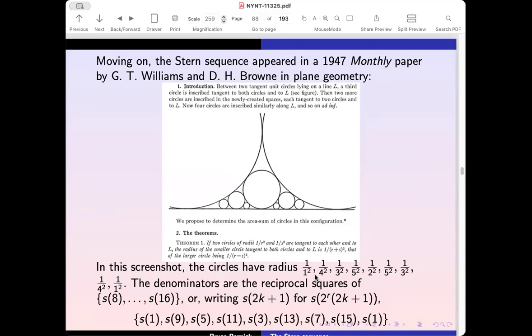In this particular picture, the circles have radius 1 over, well, you can read that there, which are the reciprocal squares of S of 8 through S of 16. Or by taking out the powers of 2, you see that you get all of the odds up to S of 15 as the radii.